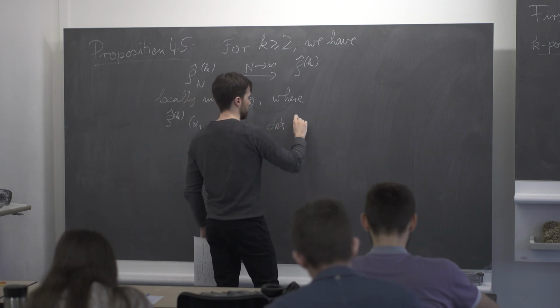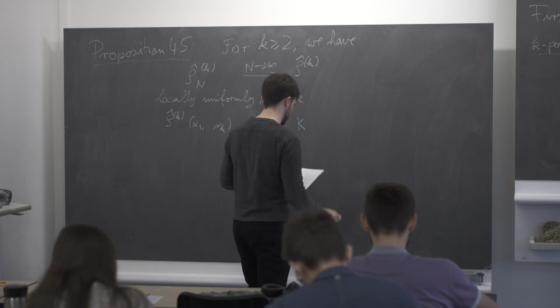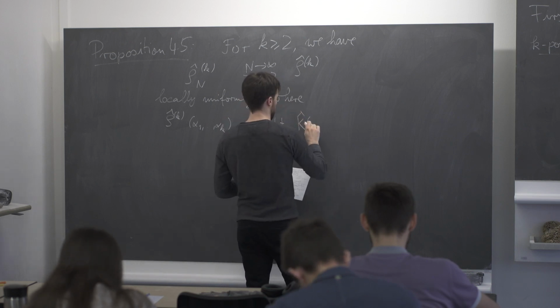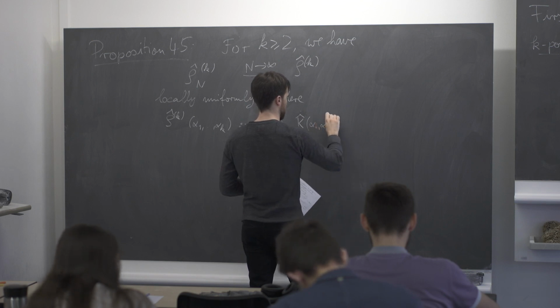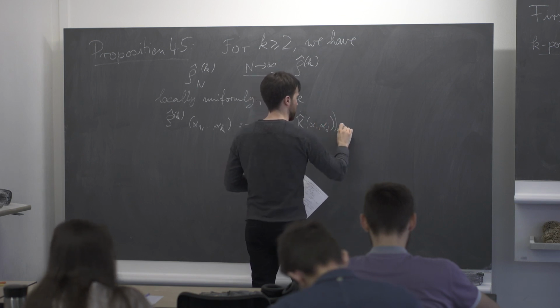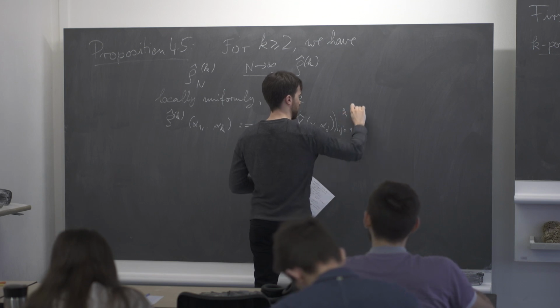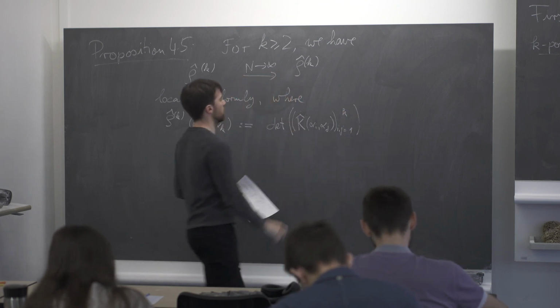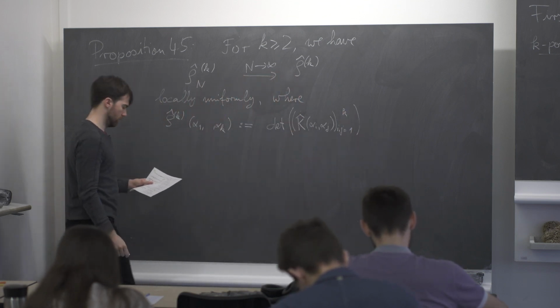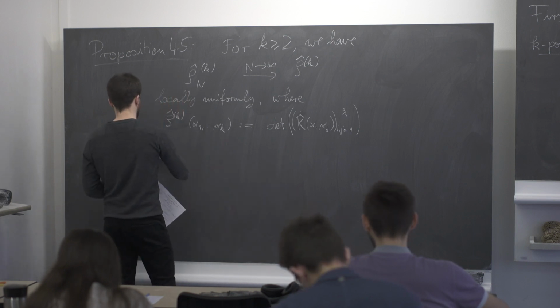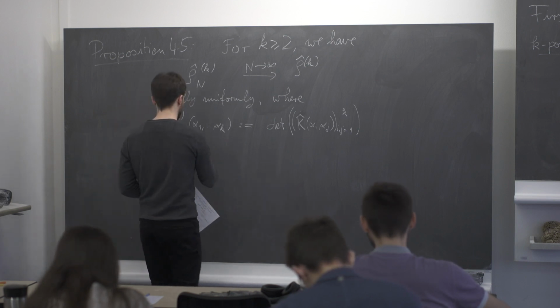It's the determinant of a function K hat of alpha i, alpha j. I take the k times k matrix, which I can form with these arguments, and K hat is the sine kernel.